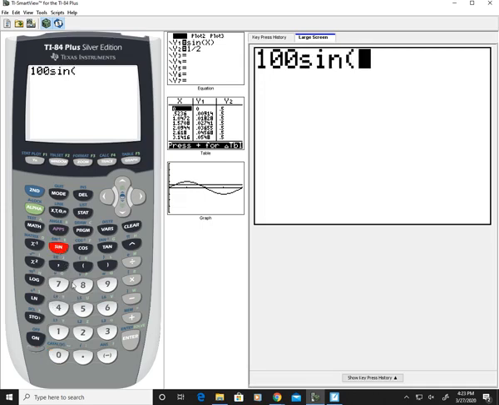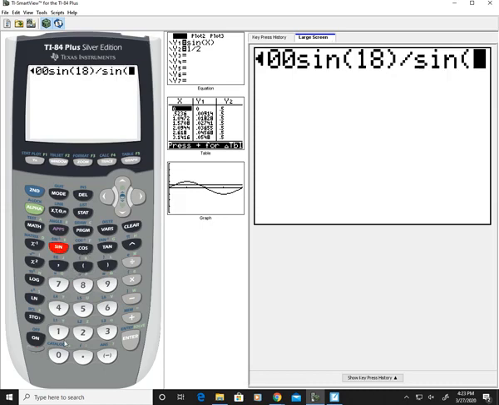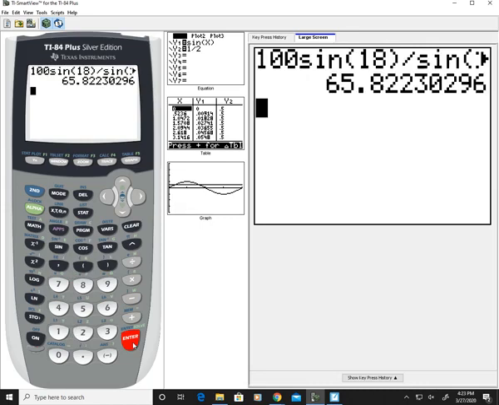Sine of 18 degrees divided by, see how I had to close those parentheses, sine of 28 degrees. That one I don't really need to close. And I get 65.822. I'm going to write down to the thousandths place, and if I need it for any calculations, I'm going to use that.